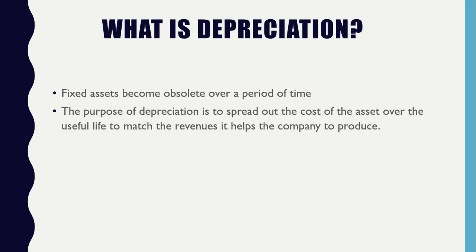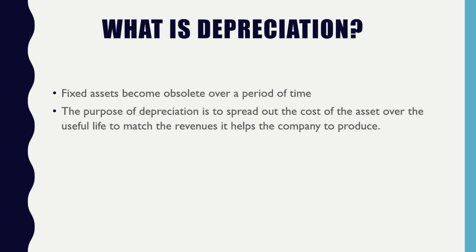Depreciation. What is depreciation? Depreciation is a method that allows fixed assets to, in other words, hold some kind of value. Especially when we buy our fixed assets, right? It holds a value because we paid for it.